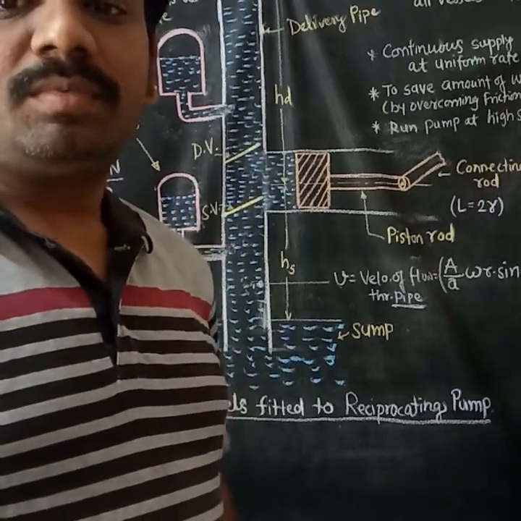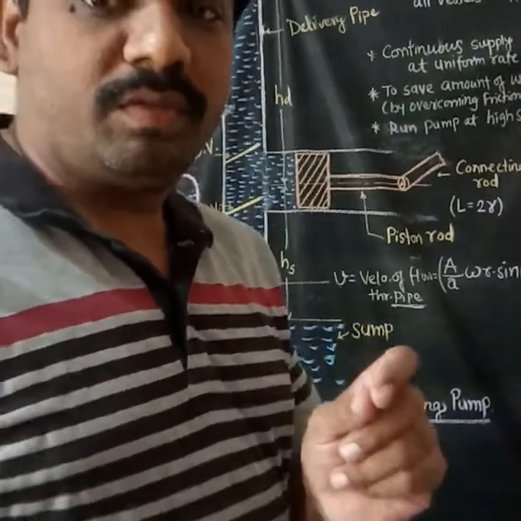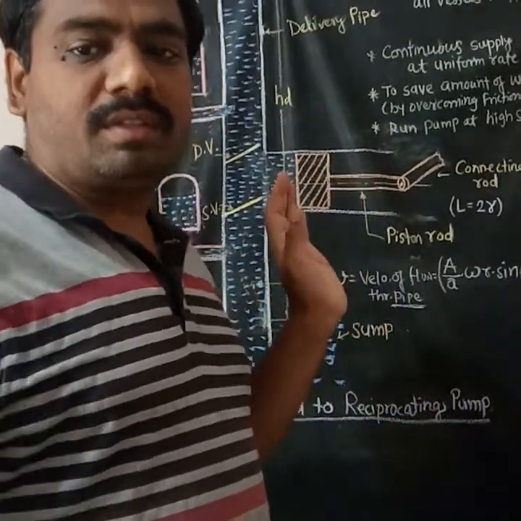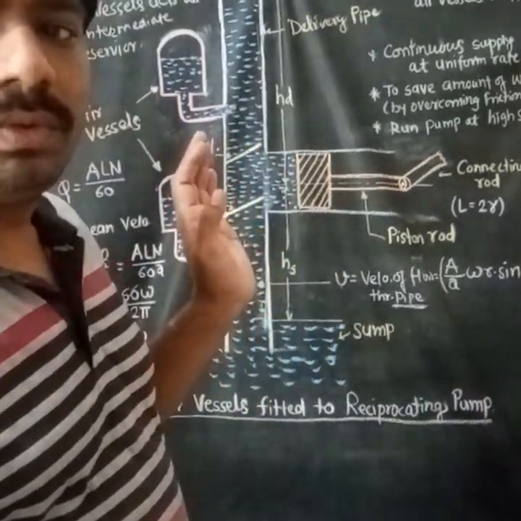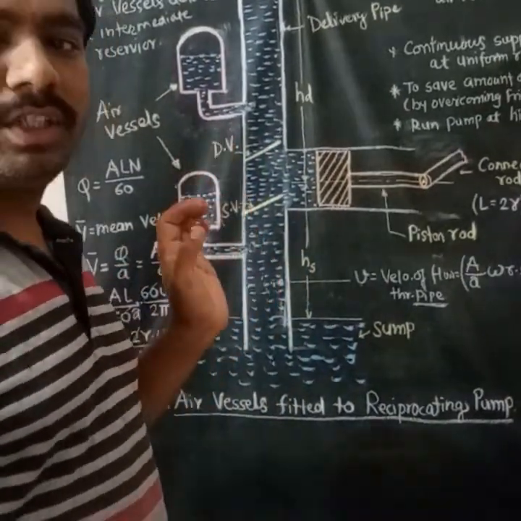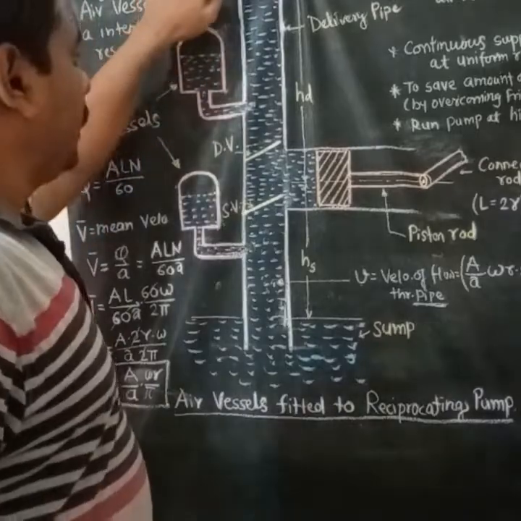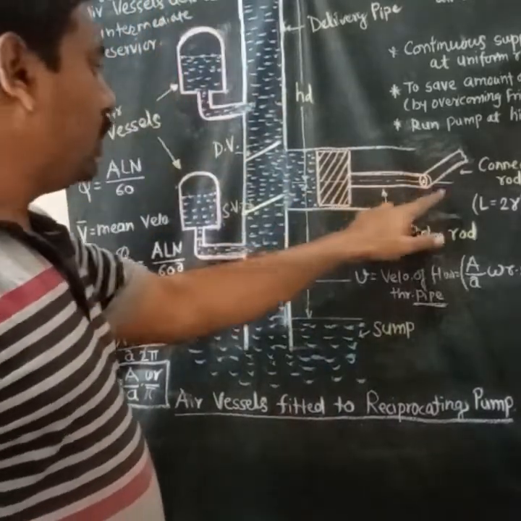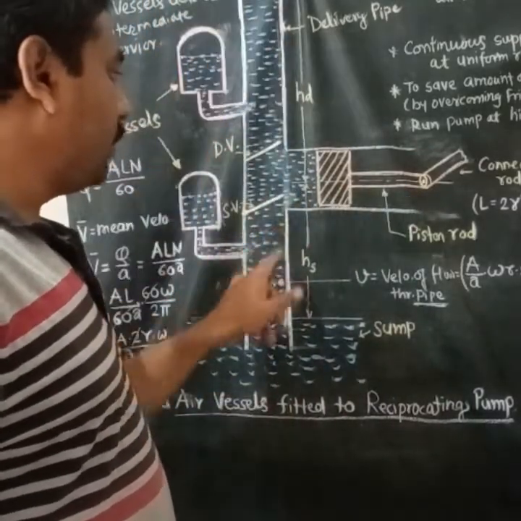You are observing that there is an air vessel. Here is a diagram of the reciprocating pump. You are aware of this part. This is a kind of reciprocating pump.